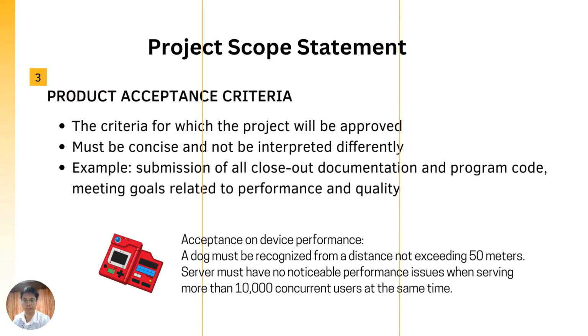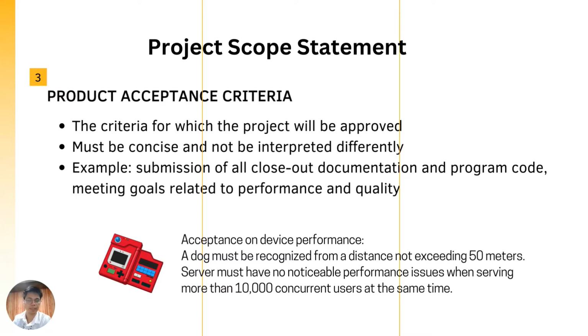For information technology projects, this could be goals related to performance and quality. For instance, system response times or transaction rates could form part of the performance acceptance criteria. All acceptance criteria should also be written in concise statements that avoid different interpretations.